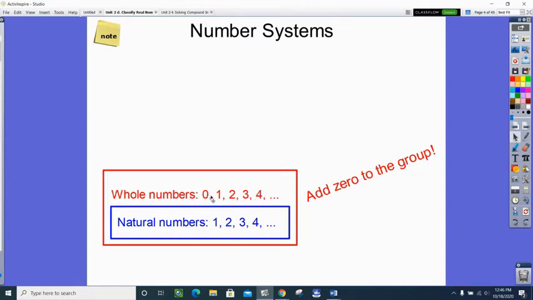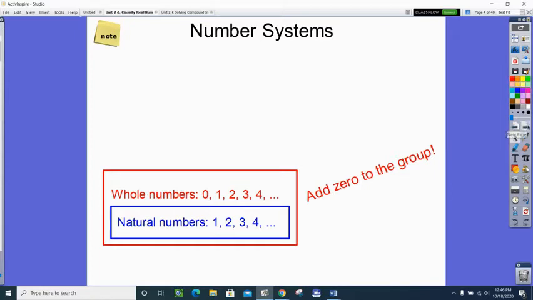I like to tell people, think of 0 as the whole of a donut. So one single number came into the group. 3 is a natural number and a whole number. 4 is a natural number and a whole number, but 0 is only a whole number. It's not considered a natural number. So as we go up, each group becomes part of the group above, but not the other way around.